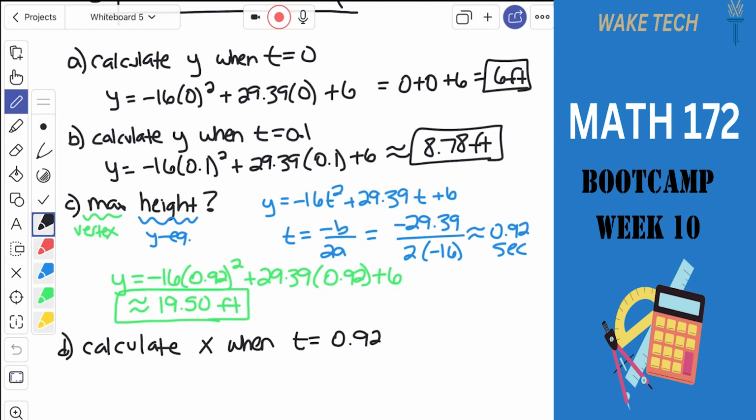The maximum height occurs after 0.92 seconds. We know what the maximum height is, but now we need to know how far away from the person the ball is at that point. So we'll use x and plug in the time we already know.